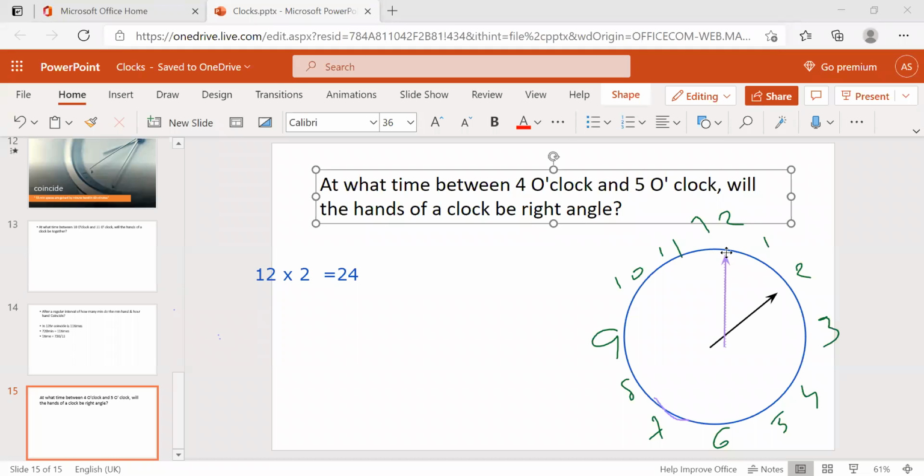So it is not possible, right? So it moves like this. And when it comes to here, this is one sector and this is one sector. So 30 sectors. So the hour hand lies between 2 and 3, and the minute hand lies between 5 and 6. One right angle we get.